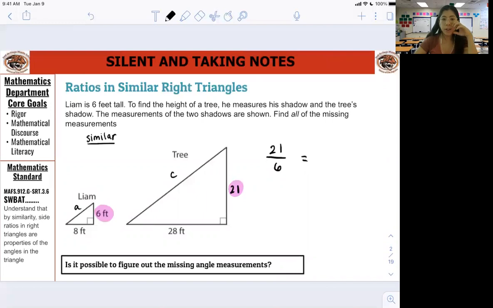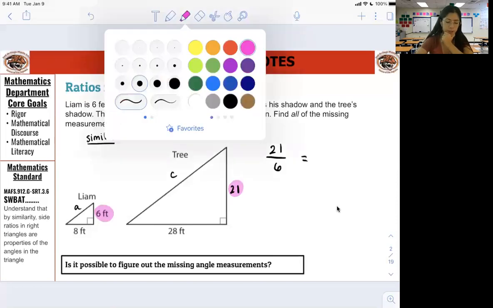Okay, so what are we still missing? Let's ask ourselves, what are we missing? A and C. We're still missing A as well as C. And if I want to set up a proportion, what would the other side of this equation look like? Because I'm trying to find A and C.